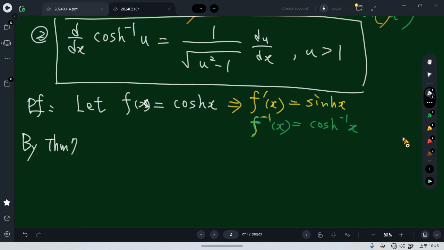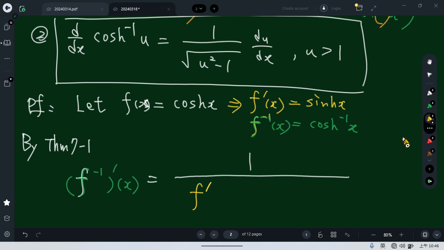Then by theorem 7-1, we can have, when you want to get the f inverse prime of x, you should do f prime blah blah blah, but use f inverse of x as the input.